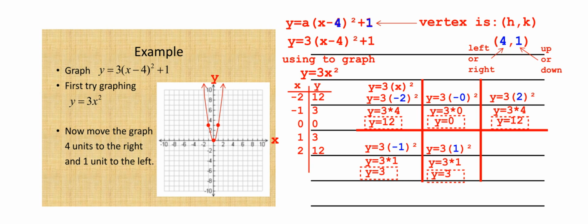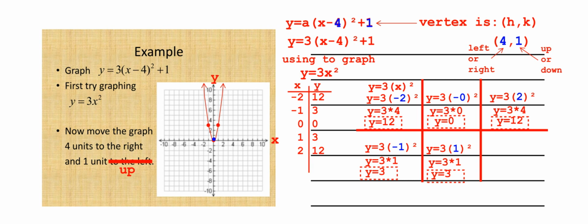But on the other hand, my 1 indicates whether it moves up or down. That's my y value, right? So it shifts it up or down, not left or right. So once again, be careful with that. I know it can be confusing, but try to review a little bit, right? X value moves it left and right. Y value moves it up or down. Agreed? Hopefully that makes it easier to visualize for you.